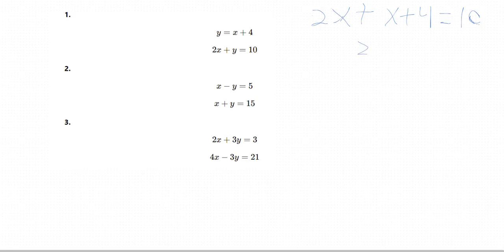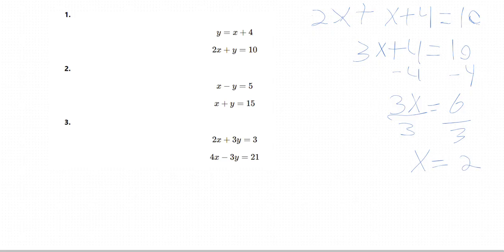We can combine our x's. 3x plus 4 equals 10. We can subtract 4. We're given 3x equals 6. Divide both sides by 3, and we get x equals 2. Now we know y equals x, which is 2, plus 4.